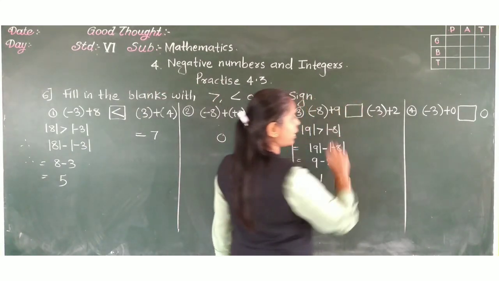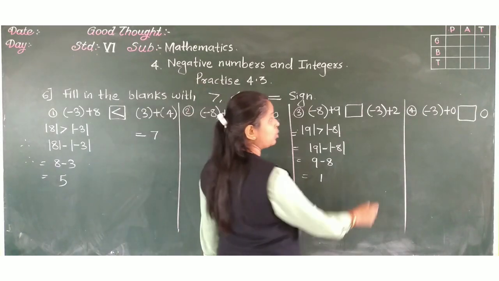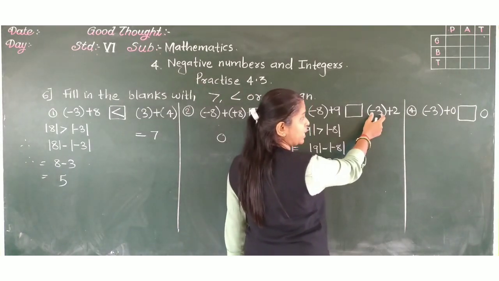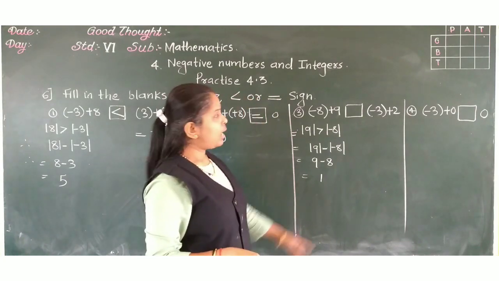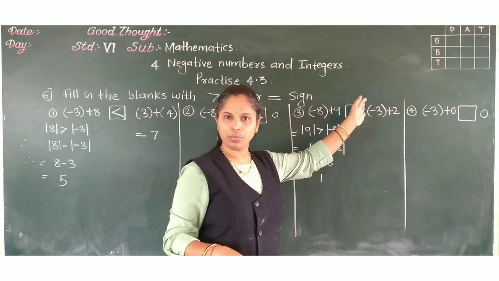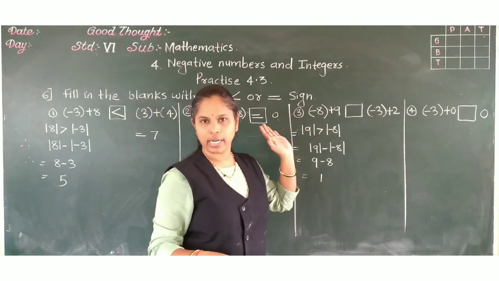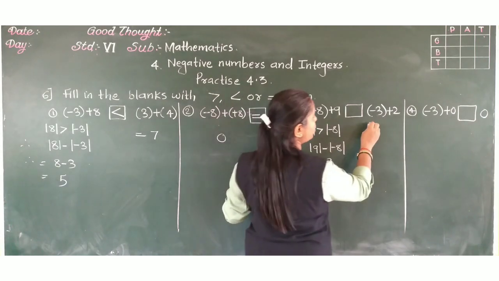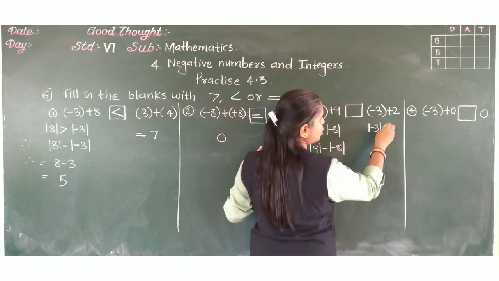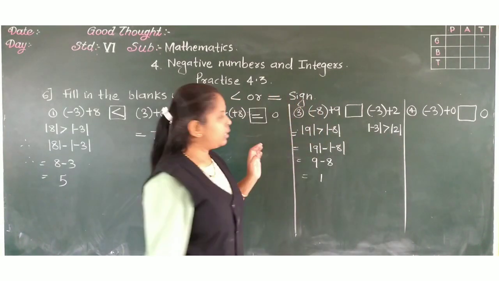And again here, they are different signs on this side. So take absolute values. Now the absolute value of minus 3 is plus 3 and of 2 is 2. So whose absolute value is greater? The negative number's. Correct? So our answer will be negative. See here how to write it: minus 3's absolute value is greater than 2.